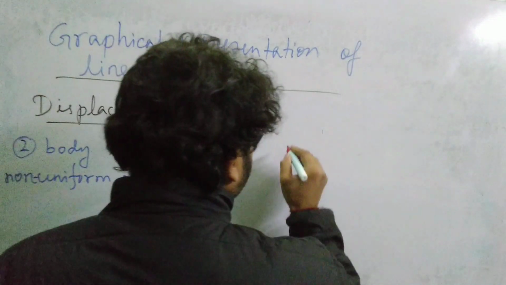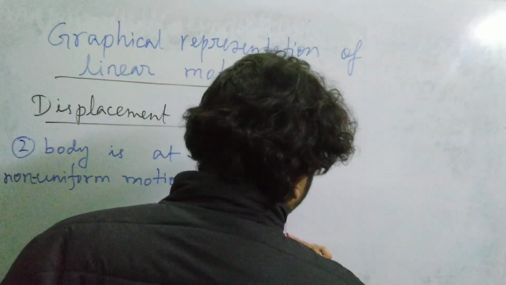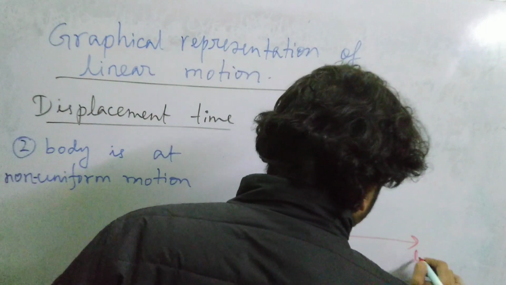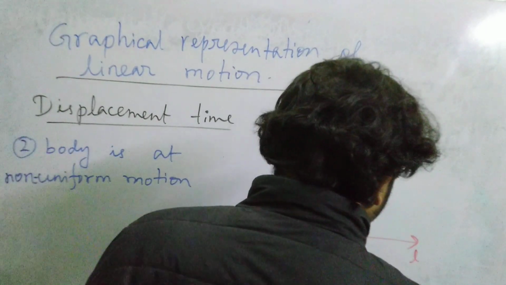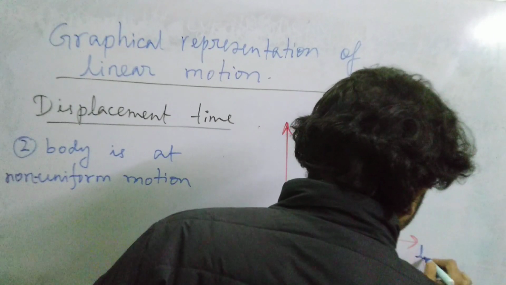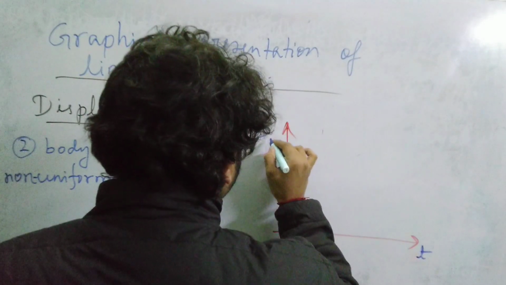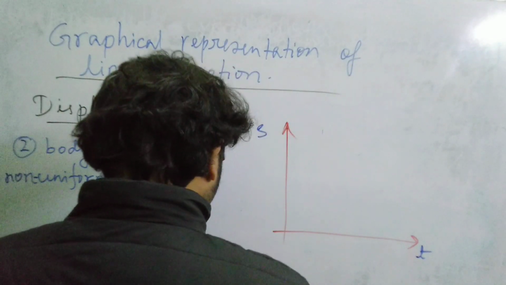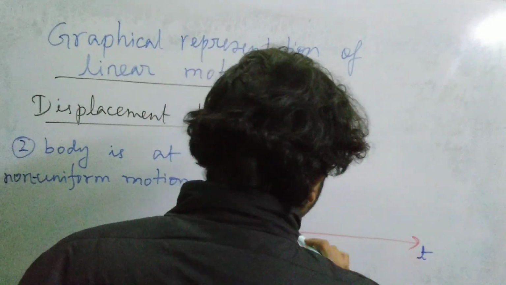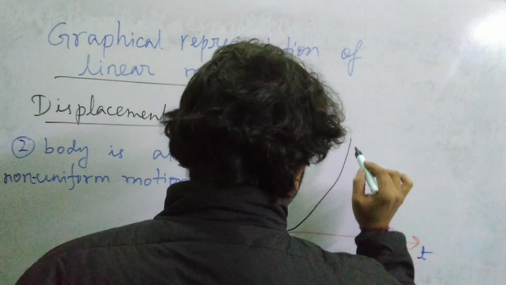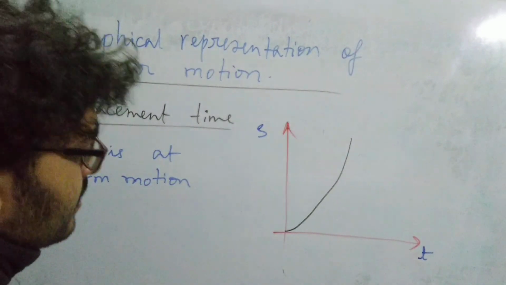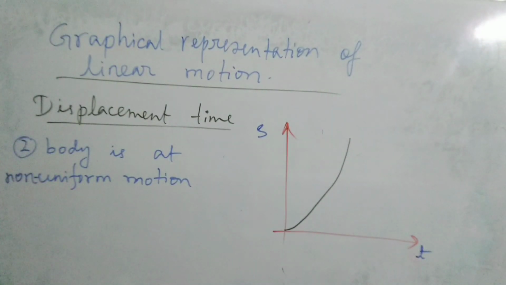It will not be a straight line, rather it will be a curve. Here we are representing time on the x-axis and displacement on the y-axis, and the graph can be something like a curved line. As it is not traveling equal distances in equal time intervals, it will be a curved line like this. So this is the displacement time graph for a non-uniform motion.